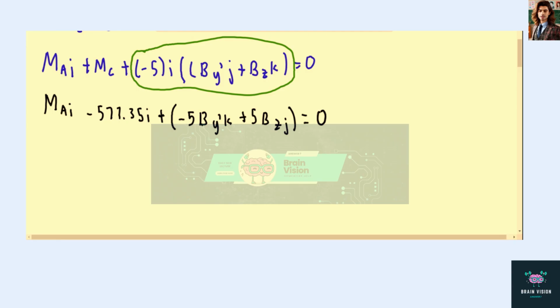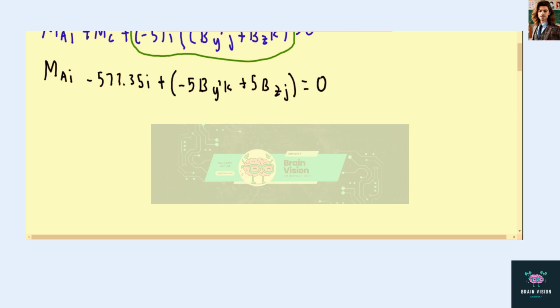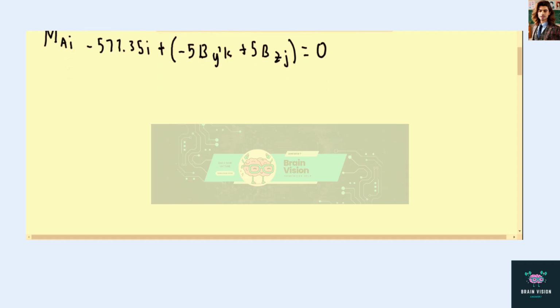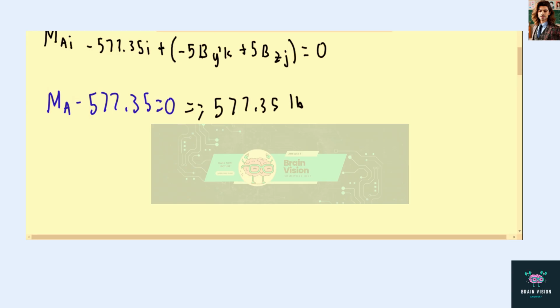So we see that we're just left with vector components, and we can now solve for this unknown M of A. So we take just the i components: M of A minus 577.35 is equal to 0. And solving for M of A, we'll get a moment that's equal to 577.35 pounds-inches.